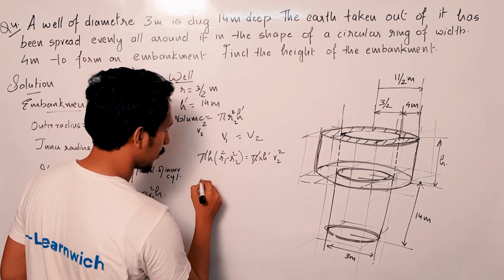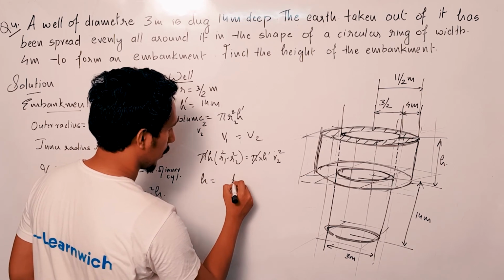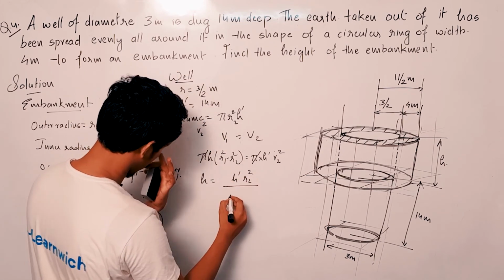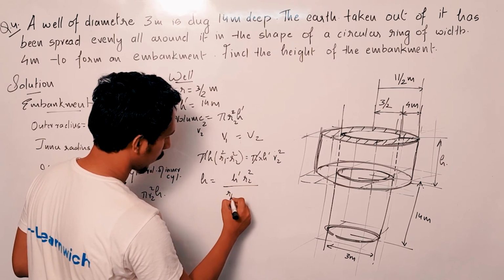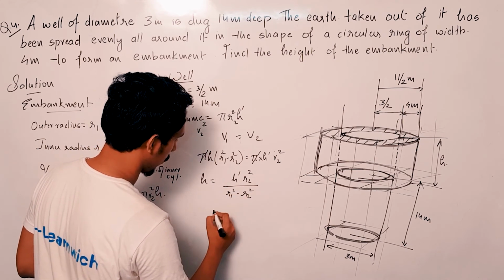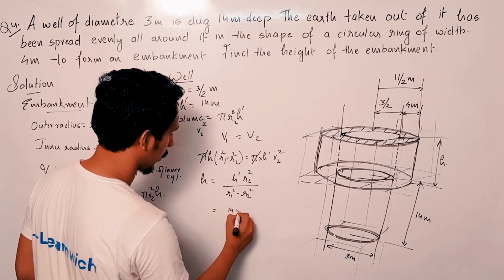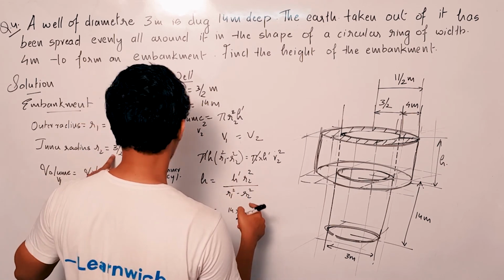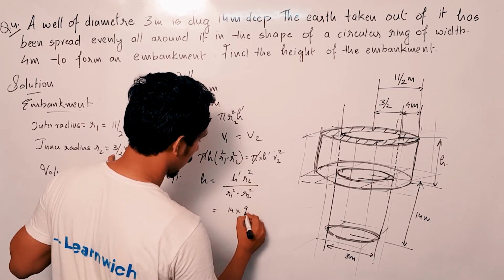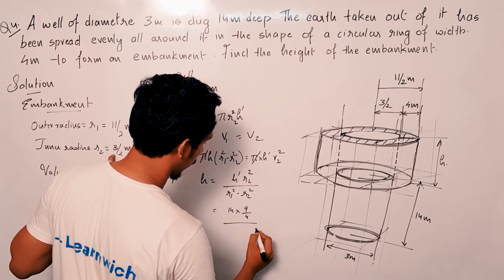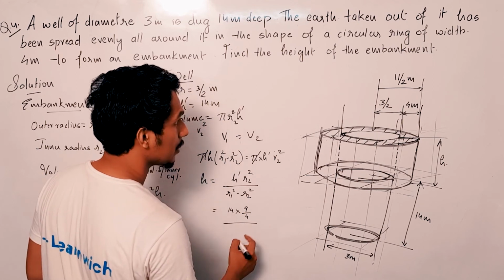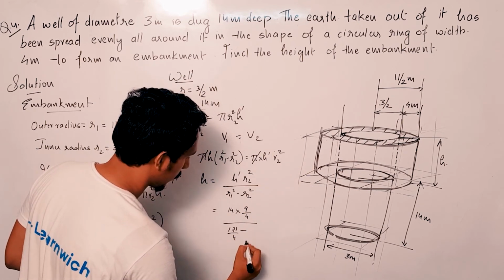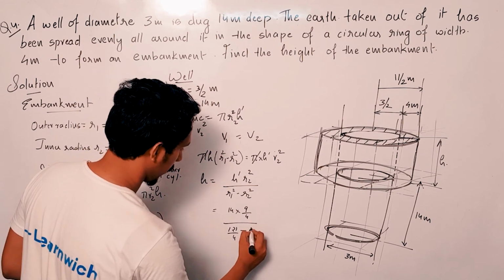Then I get h is equal to h dash into R2 square whole divided by R1 square minus R2 square. How much is h dash? That is 14 into R2, 3 by 2 into 3 by 2, that is 9 by 4 whole divided by R1 square is 121 by 4 minus 9 by 4.